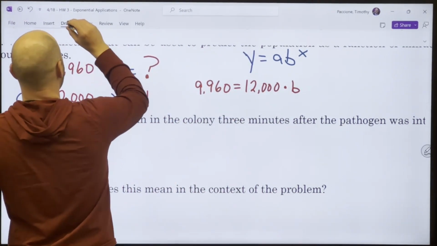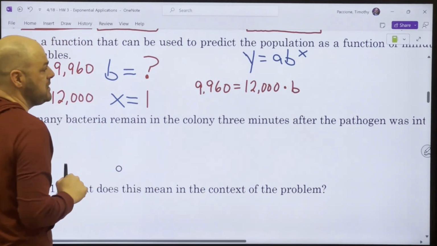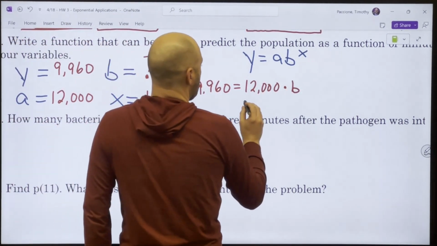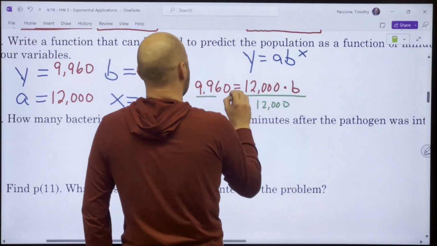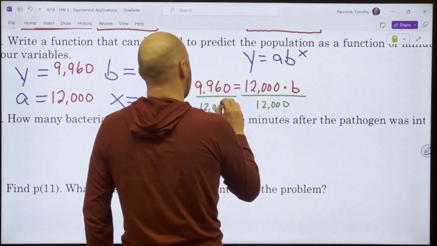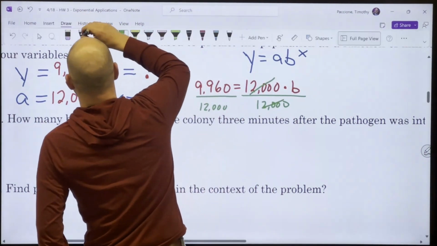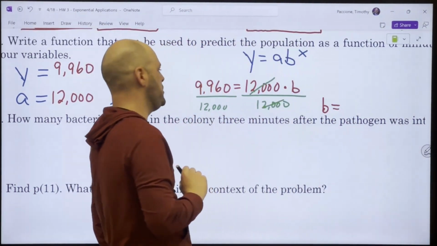Okay, well, now I want to find B. If 9,960 equals 12,000 times B, and I want to get B by itself, I should divide by 12,000. So these 12,000s cancel, and I know that my B equals, what is 9,960 divided by 12,000?